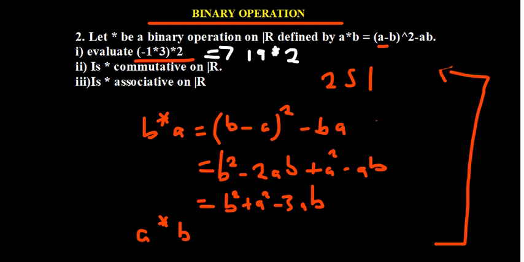A star B, of course, has already been given to be A minus B in brackets squared minus AB. Let's try to expand this as well.